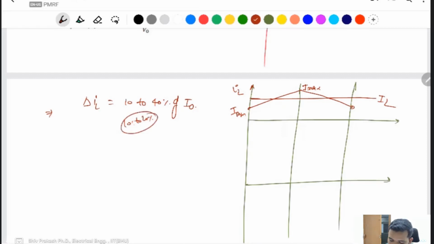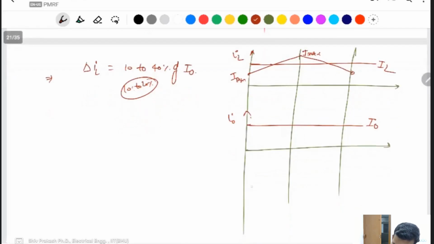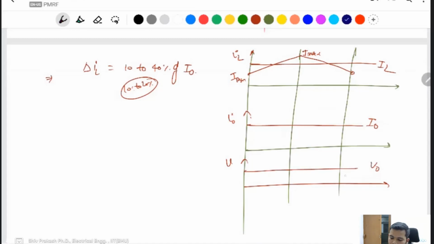Suppose this is the output current I naught and output voltage V naught. This will be constant, so we can say this is the DC value, or pure DC. But in practical cases, this is not pure DC.